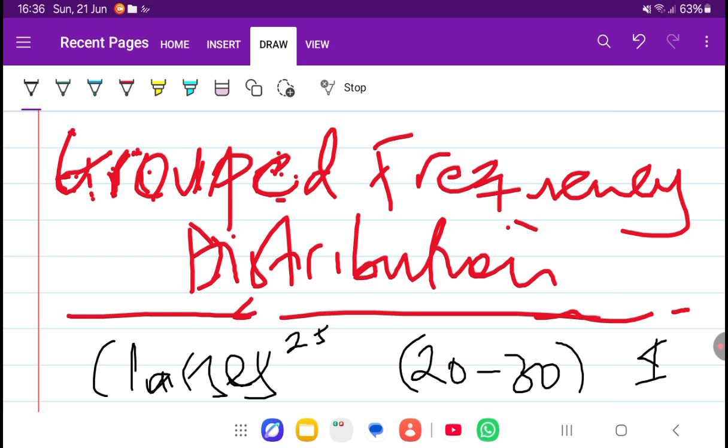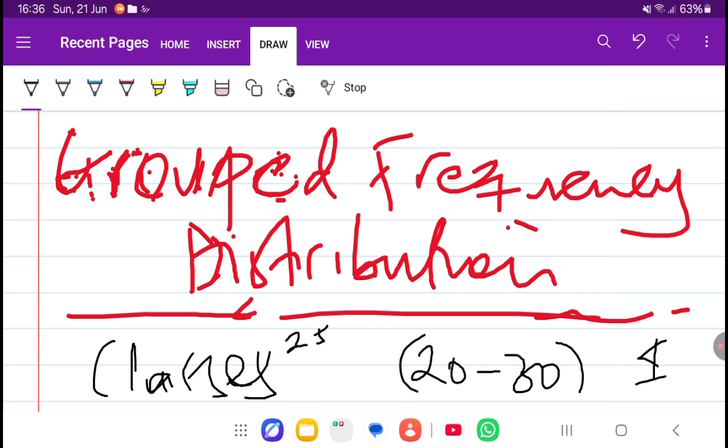So as long as within that interval the values that we have exceed 1, we organize them into what we call classes, and those values will show their respective class frequencies.